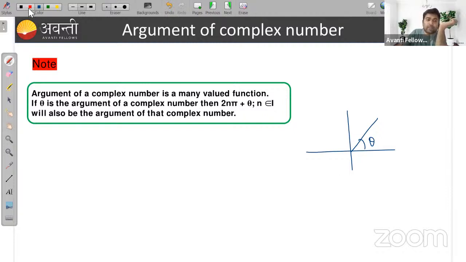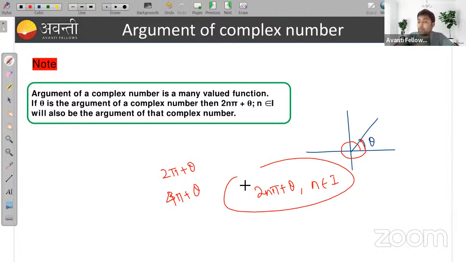If I move 2 pi first, then I will reach here, and this is also my argument. So 2 pi plus theta is also my argument. 4 pi plus theta is also my argument. Generally we can say 2n pi plus theta, where n belongs to the set of integers, is my argument.